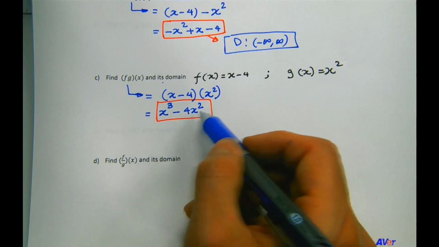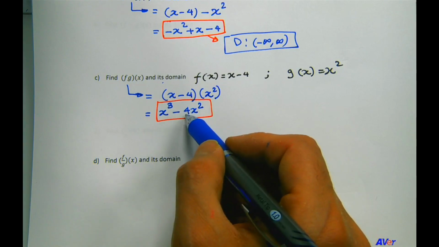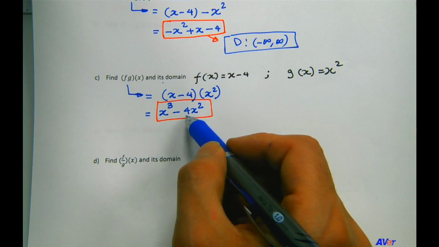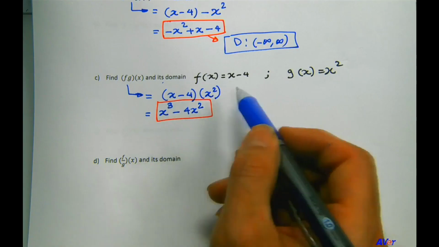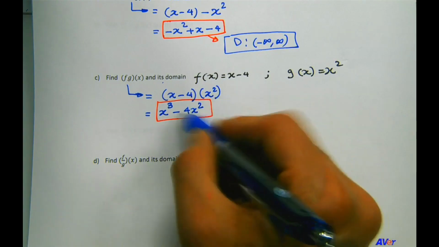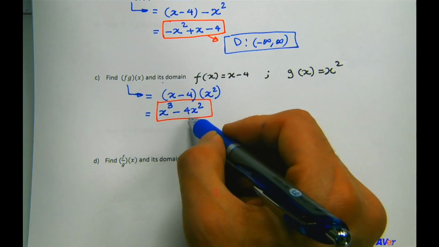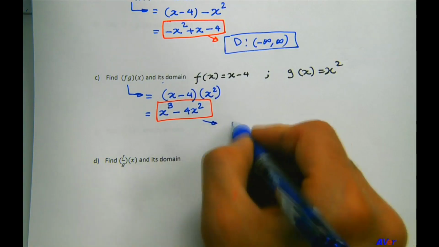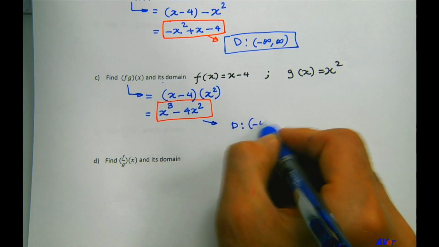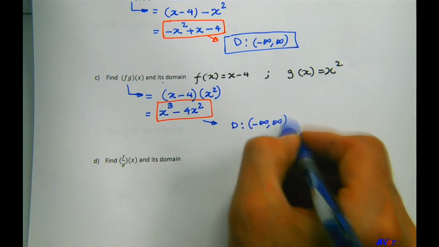No. Do you see any even root that cannot have a negative inside of the radical? No. It's just x cubed minus 4x squared. So therefore, there is no restriction on x in the combined function. So therefore, the domain of the combined function is also negative infinity to infinity.